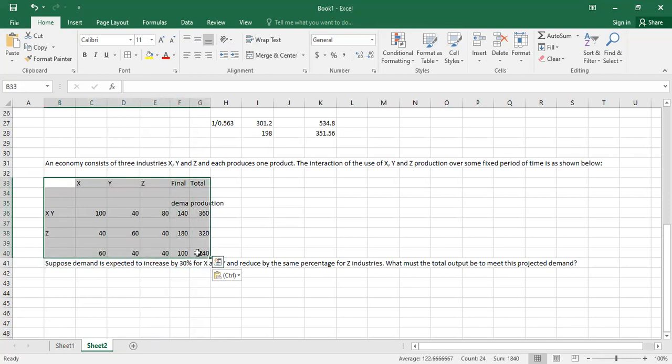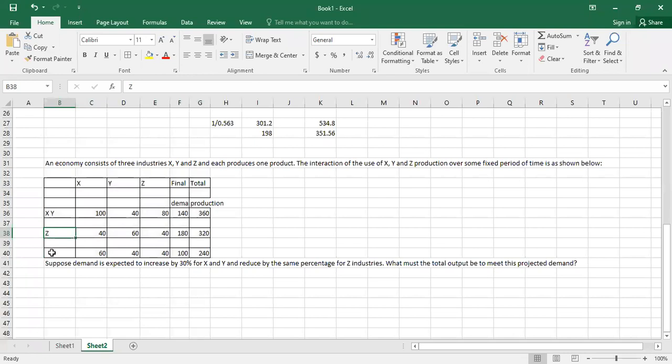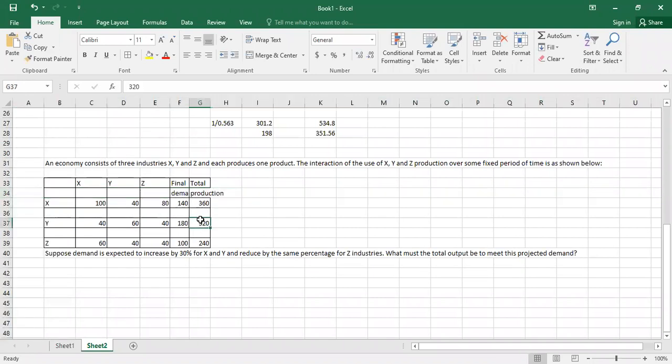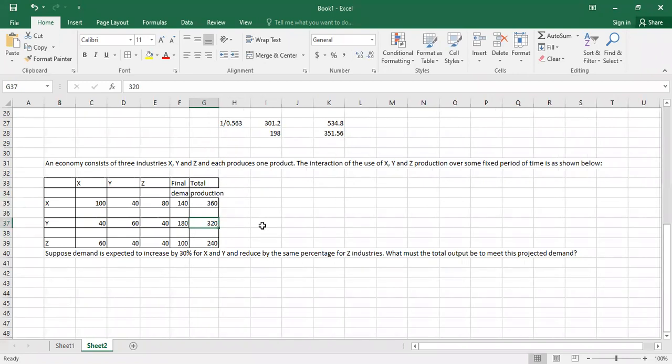I don't know what I've lost. It's like it has moved. This is my Z, right? This is my Y. Confirm? So now we have an economy that consists of 3 industries. This is multi-sectoral; the one that we had was for 2. Now this is for 3.